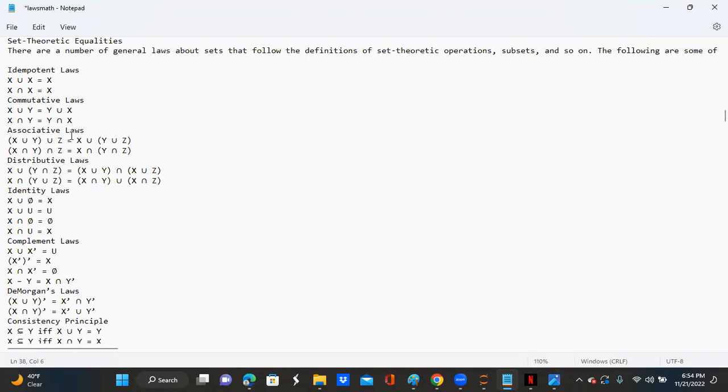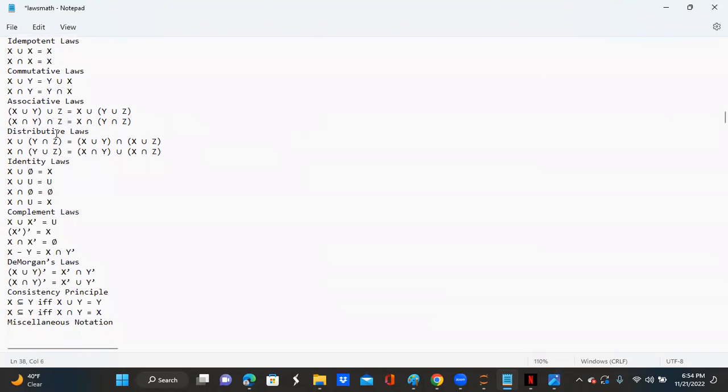The associative laws, where the union of x and y and the union of z is equal to the union of x and the union of y and z, and the intersection of x and y and the intersection of z is equal to the intersection of x and the intersection of y and z.